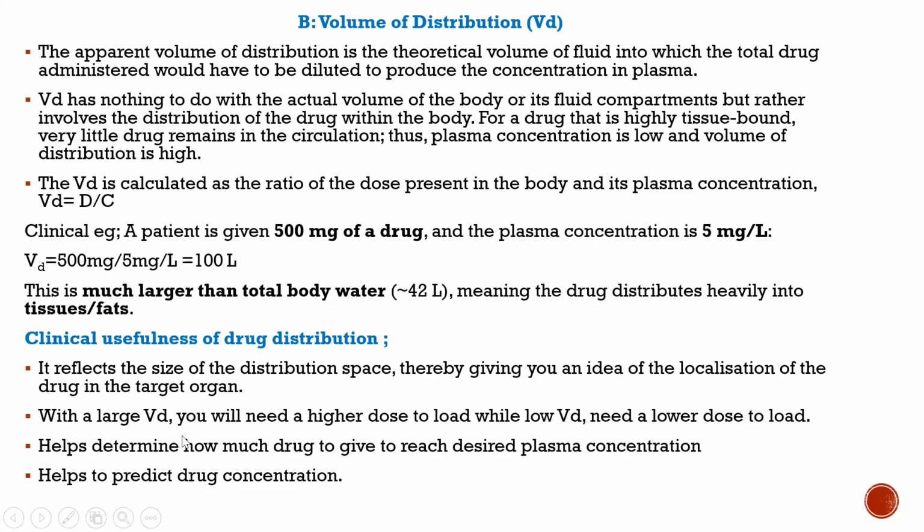Okay, so it also helps to determine how much drug to give to reach the desired plasma concentration. Then it also helps to predict drug concentration. So these are just the different benefits of this volume of distribution.